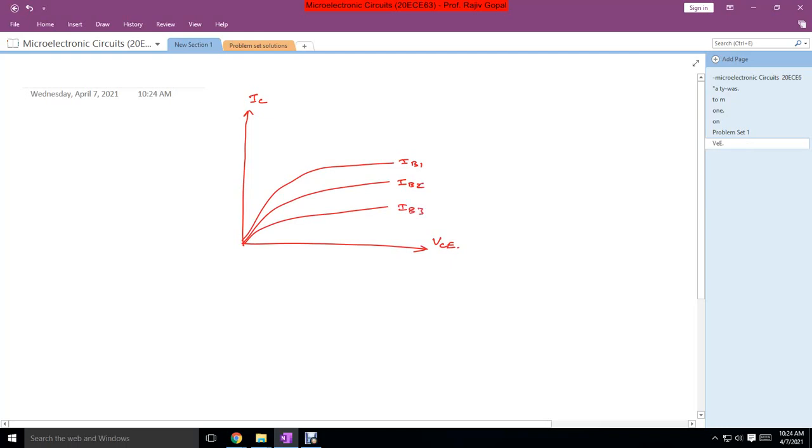This I will write as IBQ, and this is the load line, VCC by RC. In the middle you take the Q point, so this will be VCC by 2 and VCC by 2RC.